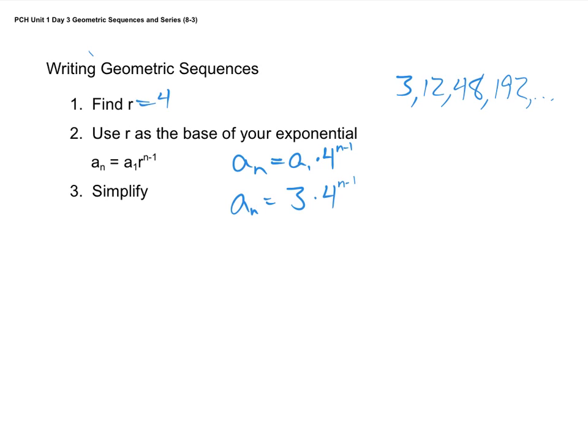Now you might be saying at this point, what am I simplifying? What do you mean by simplify? We have 4 to the n minus 1 power, and we'd like to avoid having to deal with an n minus 1 power. It'd be nice to just be able to plug in values of n and figure out our answer a little simpler. If we look at this, though, what could I do with that 4 to the n minus 1 power?